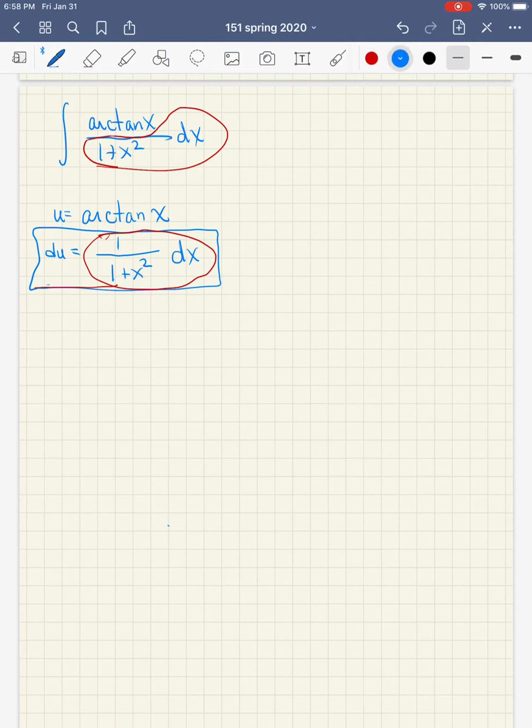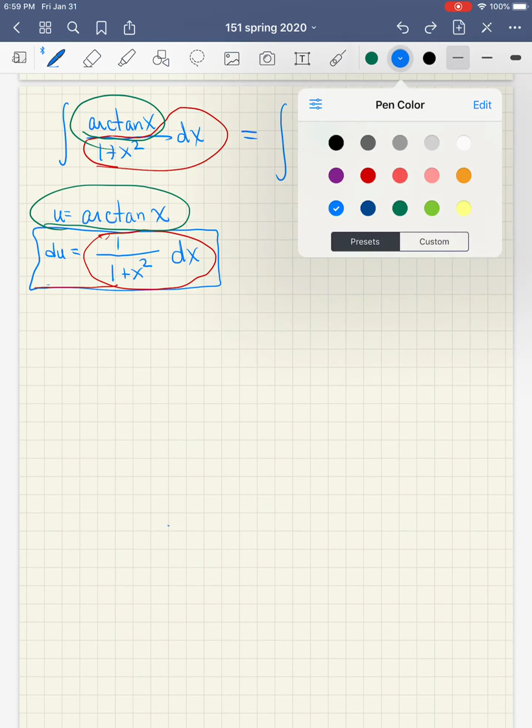So what I'm going to do straight away when I rewrite this is say, this is the integral of arctangent of x, that's u. Maybe I'll put that in a different color. Green can be our arctangent function, so I'll write this in green. And then everything else, that dx divided by 1 plus x squared, is just going to become our du. In fact, maybe I'll make that red.